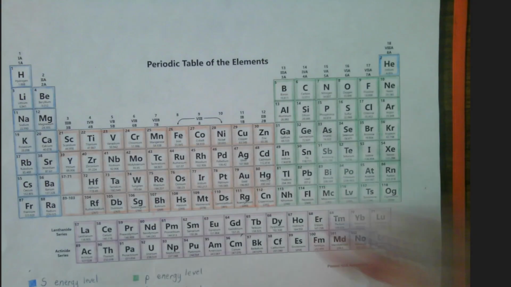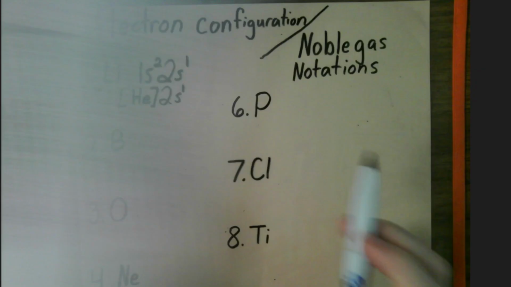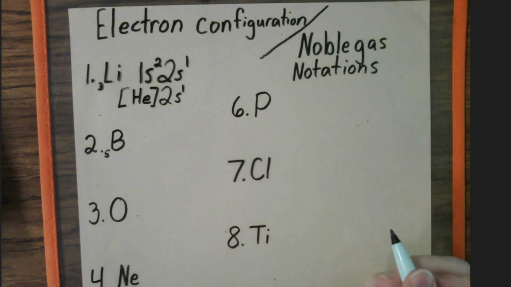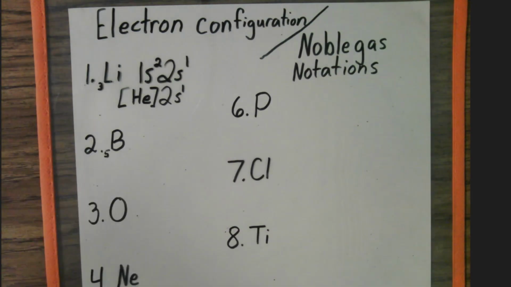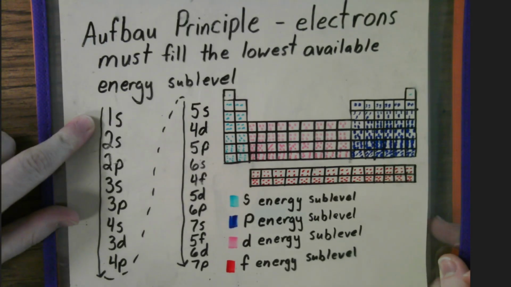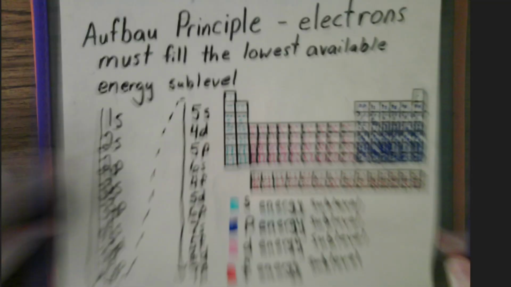B. B is boron. Boron has 5 electrons. I'm going to remind myself in the corner here how many electrons boron has. It has 5. We're going to start in the very middle of our atom and go outward. The first orbital is 1s, followed by 2s and 2p.